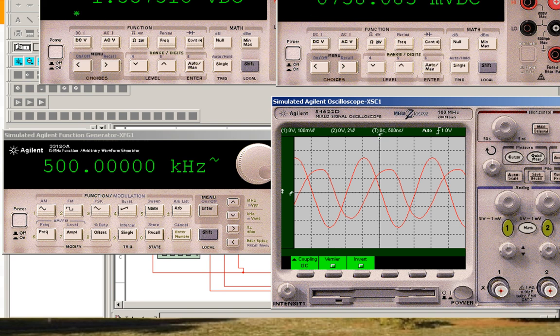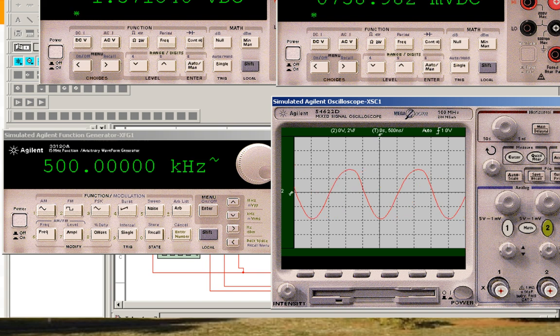There's some distortion there on the top. You can see the top of that output curve has distortion in it. See how it's not perfectly symmetrical like the bottom?